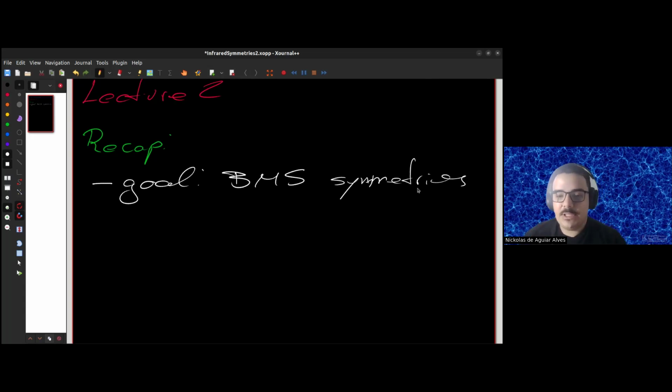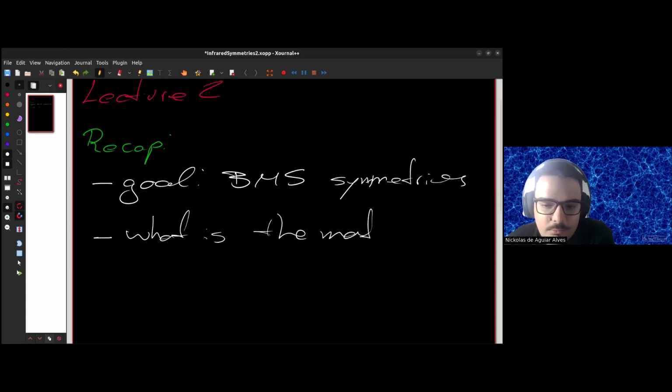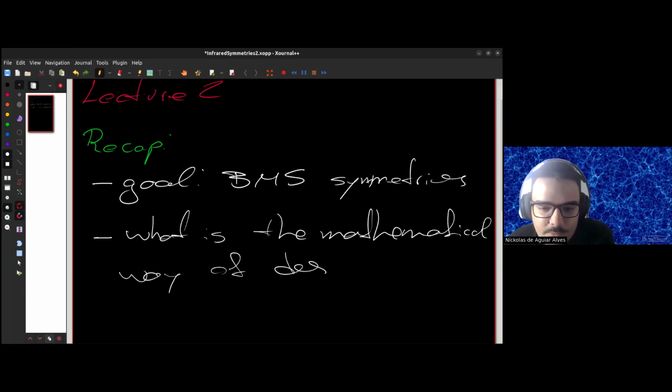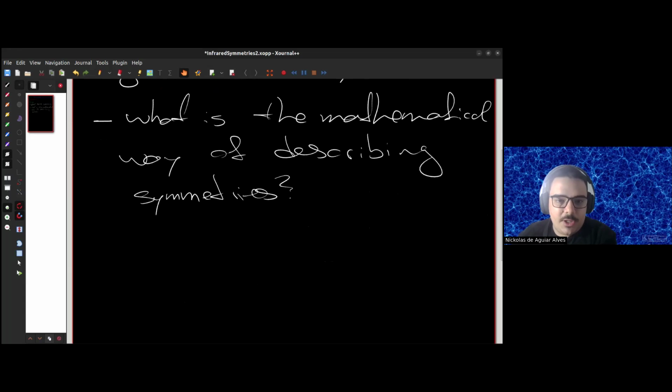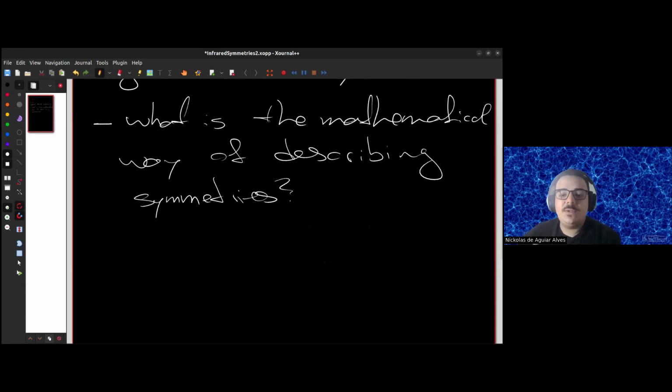In order to understand the symmetries, the first step that we took was to understand the mathematical way of describing symmetries. So this is the first thing we try to understand mathematically, which is how do we describe symmetries in a mathematical language.